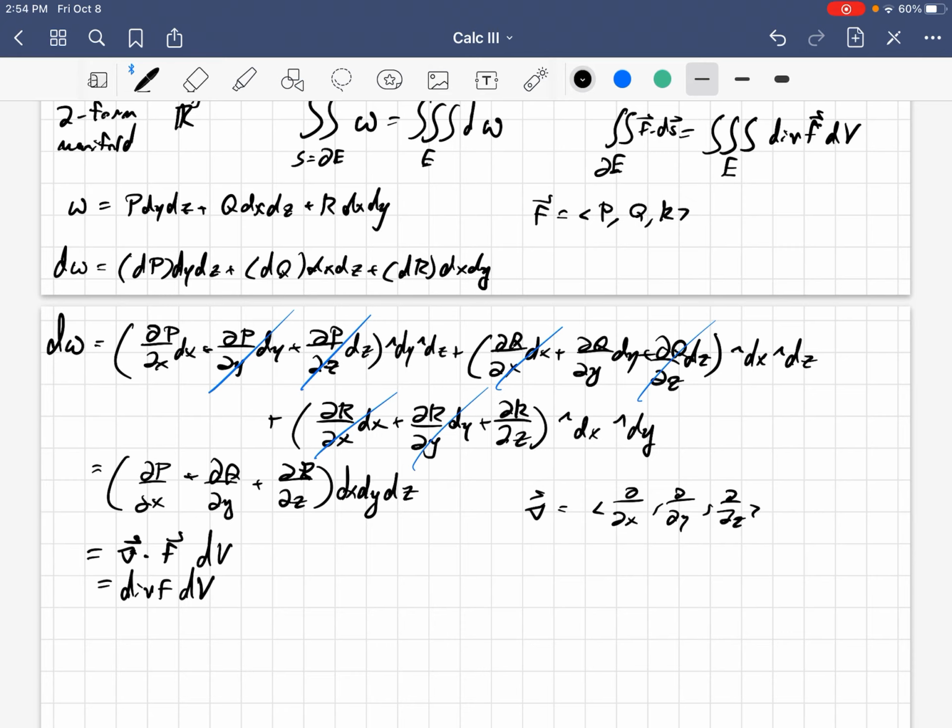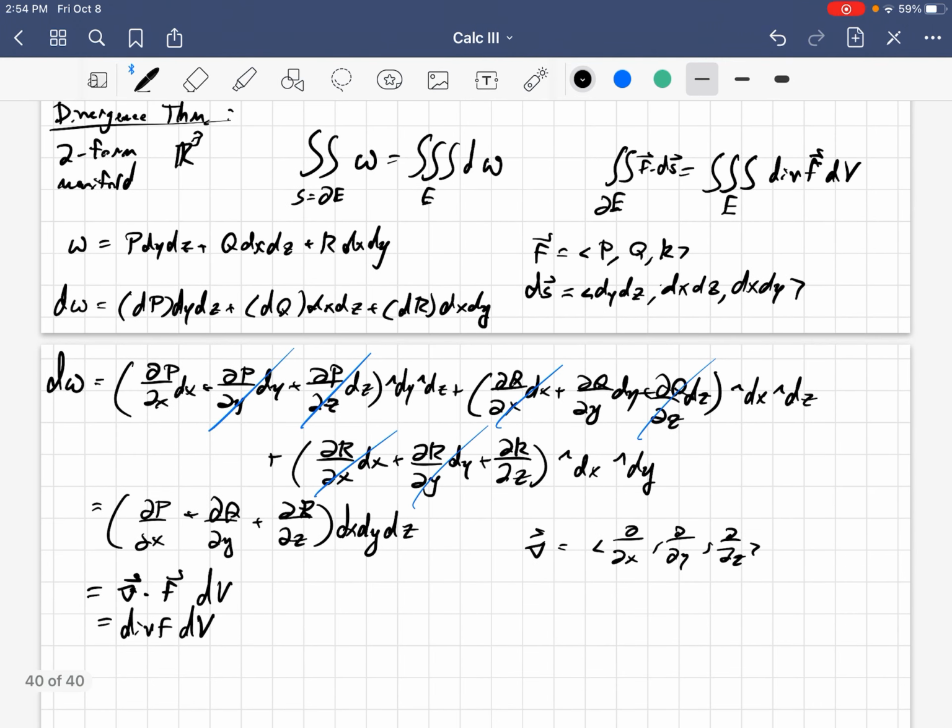And dS is essentially, for this video, what you just need to know is that it's what's going to give us this dy dz, dx dz, and dx dy. In other words, applying the definition of the dot product, dS would ultimately become dy dz, dx dz, dx dy. And that proves the divergence theorem.